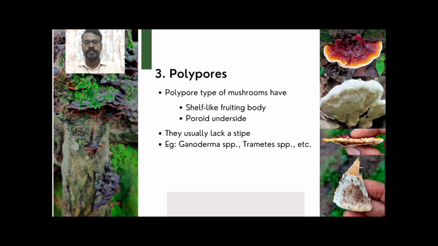Examples are Ganoderma species, Trametes species, etc. Some Ganoderma species are commonly called reishi mushroom, which is used in Chinese medicines. So they are medicinal mushrooms. Trametes versicolor is called turkey tails, which is also used as a medicinal mushroom.